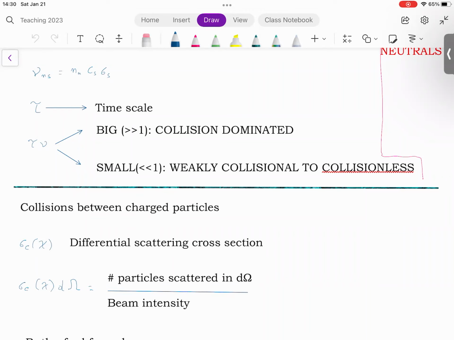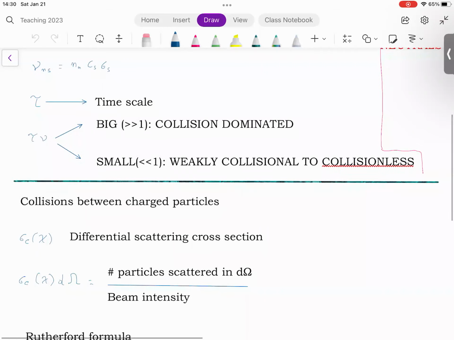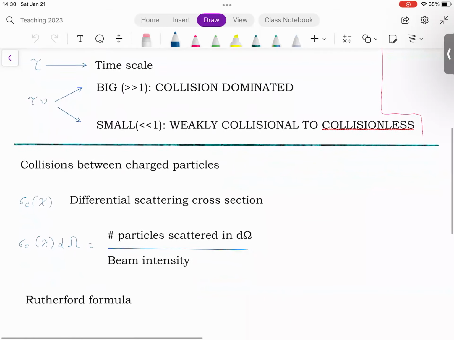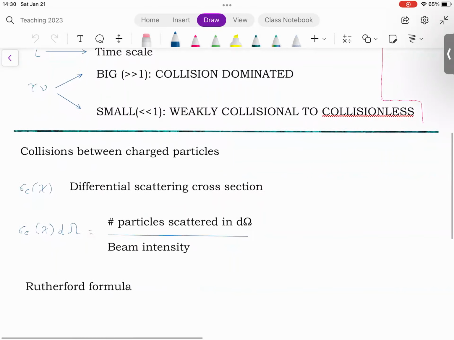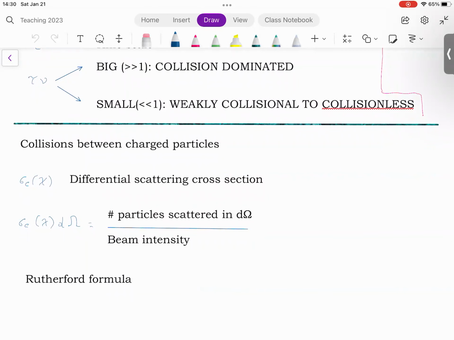I'm just not going to spend the time doing it. What determines the collisional behavior of charged particles is that differential scattering cross-section, and there is an analytic expression for that.